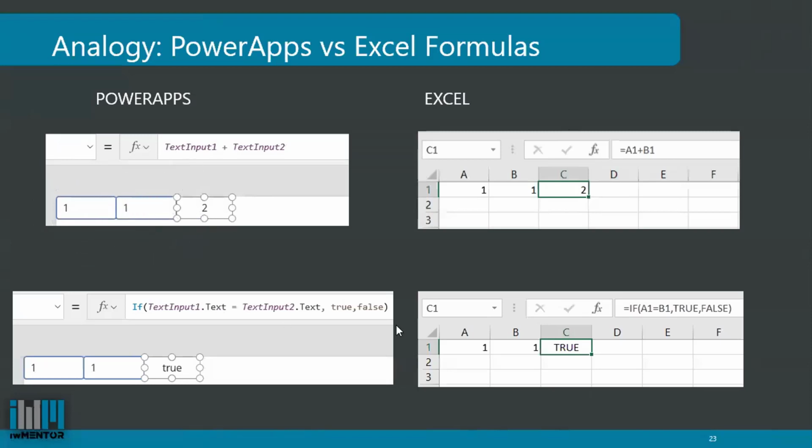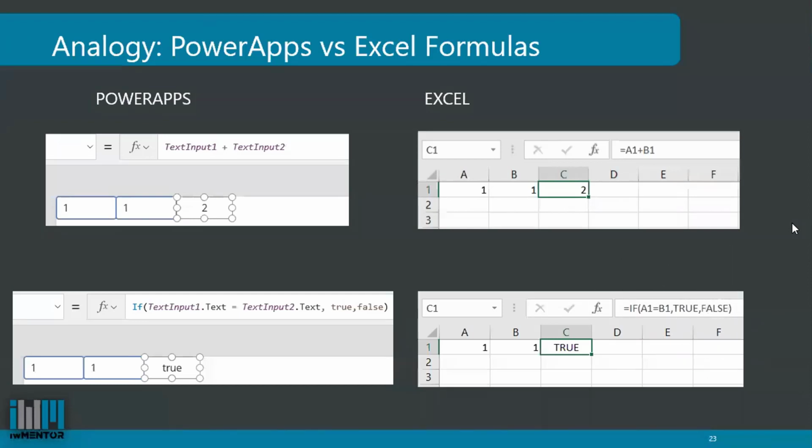And then here is logic. This is important: the way that if statements are structured in Excel, it's the same way in PowerApps. So in your if statement in Excel, you say if A1 equals B1, show true, otherwise false. So if something in this first section, then do what?